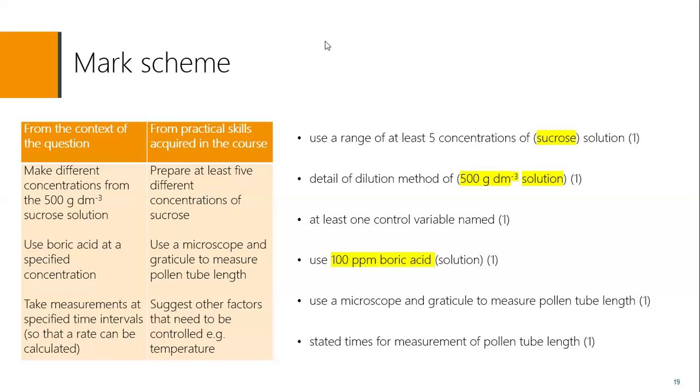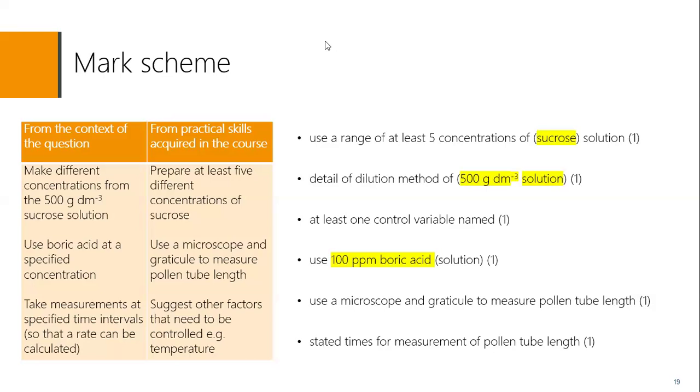So it will be a practical that's been carried out, but it will be put into a different context. It is very unlikely that students will be asked to just repeat a practical they have carried out. So they need to practice putting them into a different context.